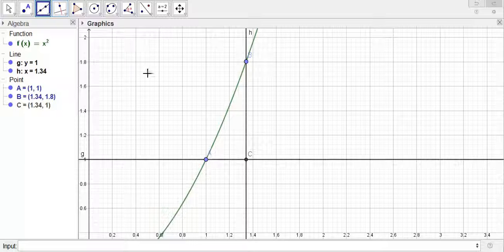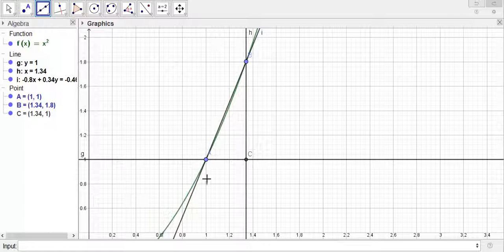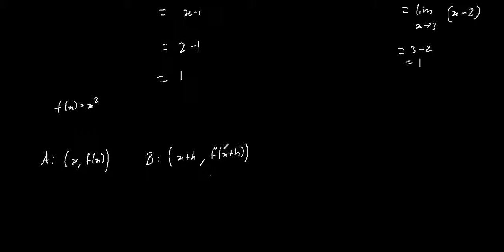So now I have this line between A and B. What's the slope of this specific line? The slope of the line is the rise over run, right? So the rise is my change in y, my difference in y.